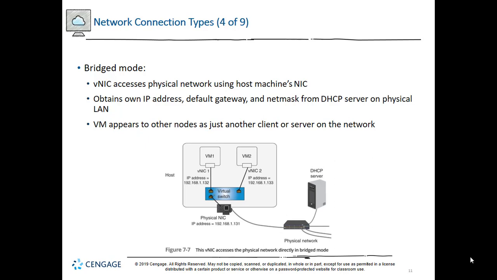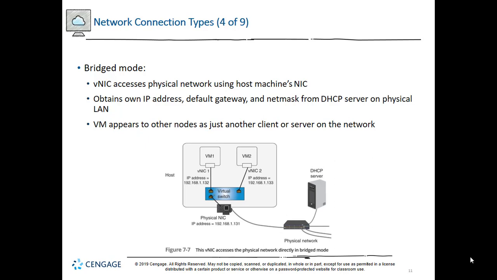So first, let's take a look at bridged mode. In bridged mode, a VNIC accesses a physical network using the host machine's NIC. And as you can see, the virtual interface and the physical interface are bridged together.